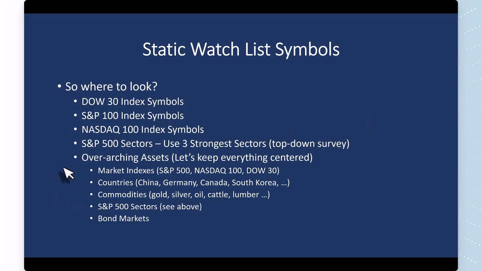I have one other set that I look in, and I call it the overarching assets. It's basically a combination of all the indexes and everything that I talked about before. It includes all of the S&P 500, NASDAQ, and Dow 30. It's got countries thrown in there, commodities, all of the S&P 11 sectors basically by ETF so I can find them, and the bond market.